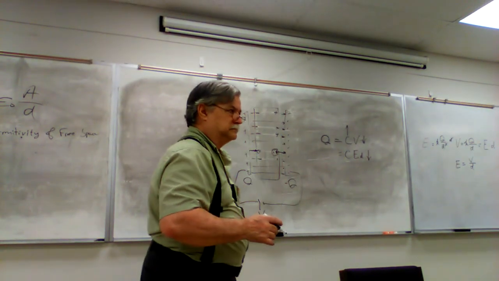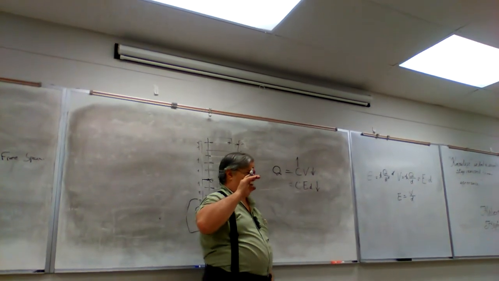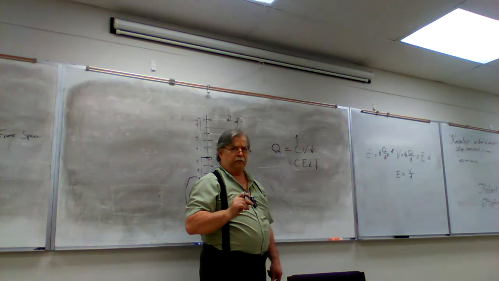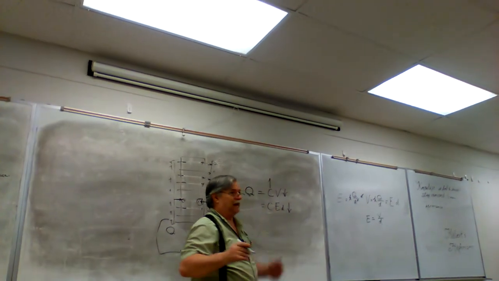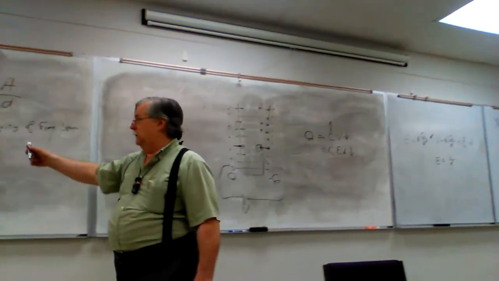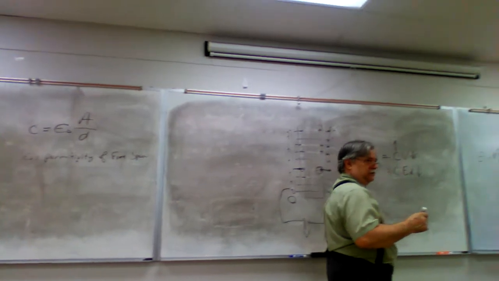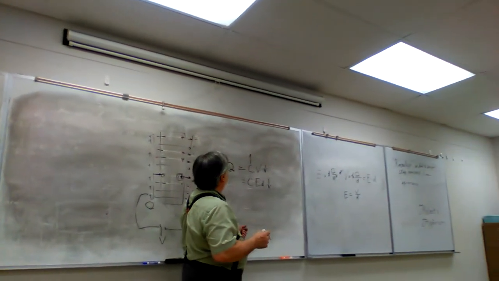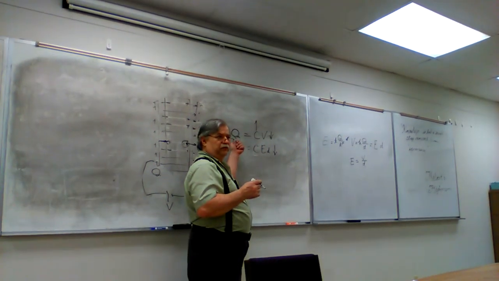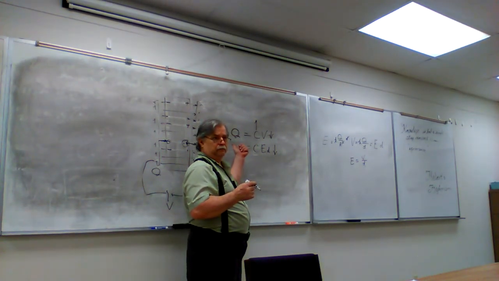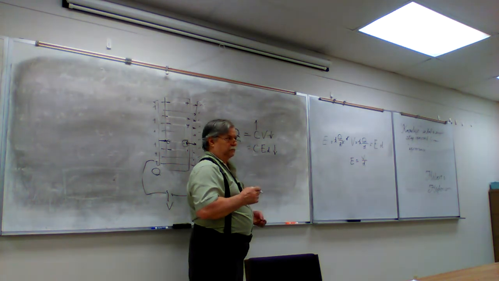Okay? This one, you got to think it through one little tiny step at a time to keep your mind wrapped around it. But this is why putting a dielectric between the plates will increase the capacitance, because it requires less voltage to produce the same amount of charge. Right?